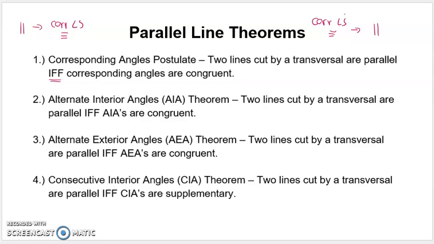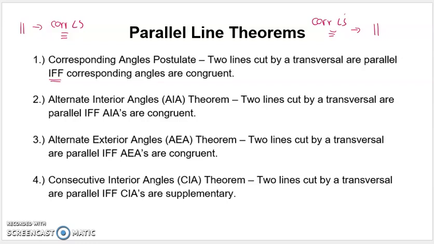The same is true for the other 3, and these are theorems because they can be derived or basically arrived at through the corresponding angles postulate. If 2 lines are cut by a transversal and they're parallel, alternate interior angles are congruent. Likewise, if the alternate interior angles are congruent, the lines cut by a transversal are parallel.